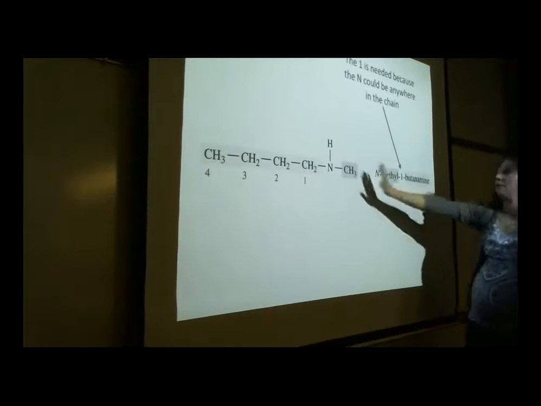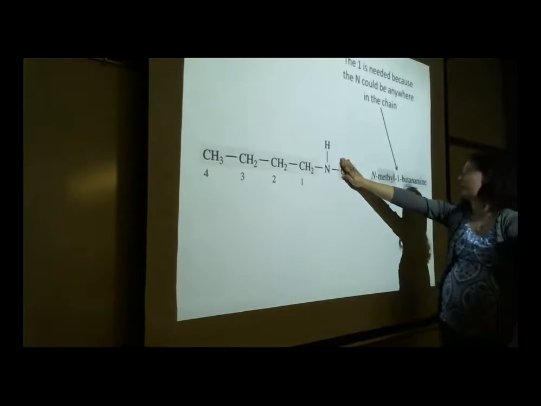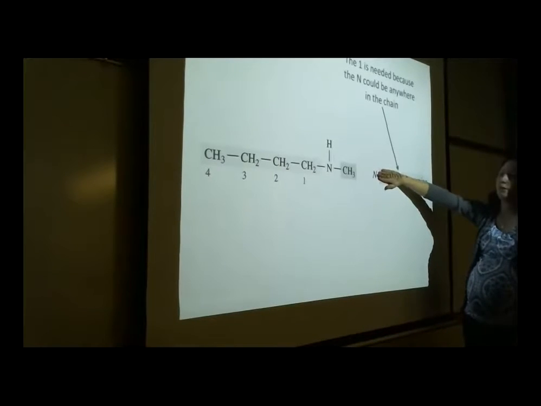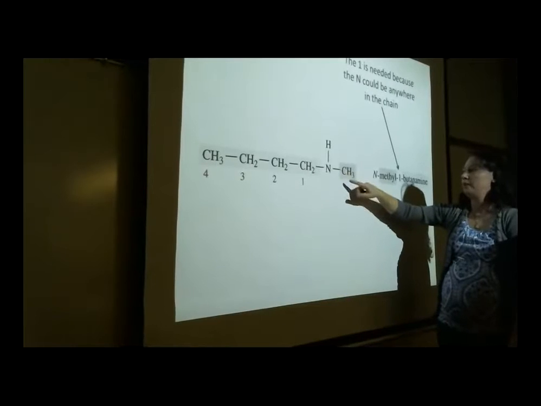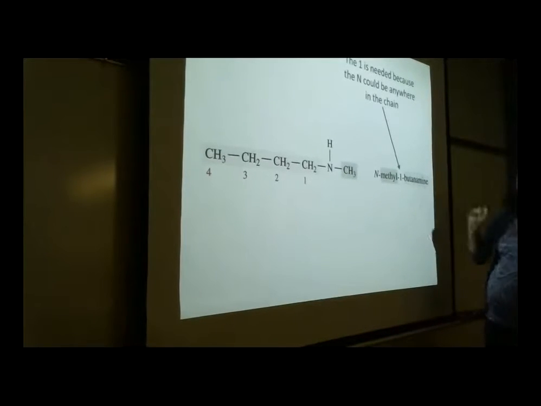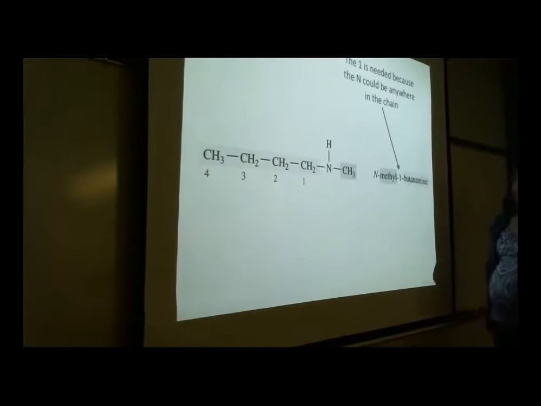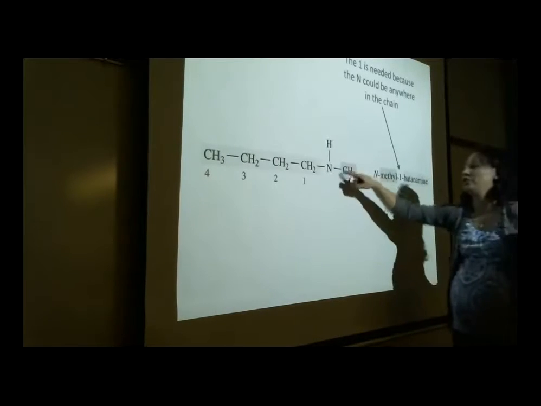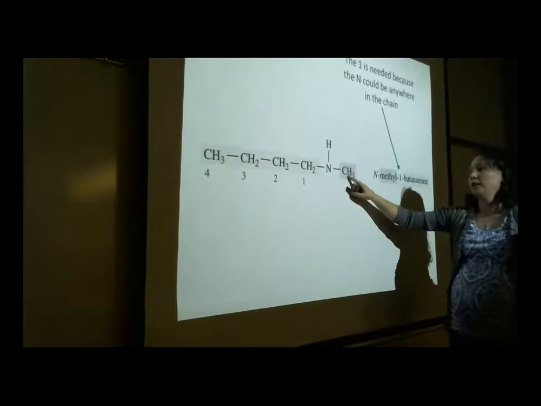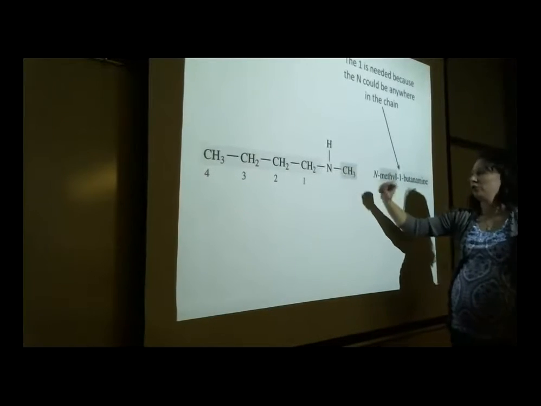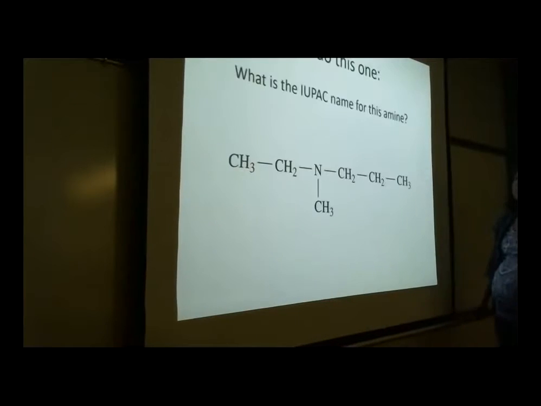Because again, if this were just a regular old hydrogen, we'd just call it 1-butanamine, right? But because that hydrogen's been replaced with a CH3, it needs to be called N-methyl 1-butanamine. Does that make sense? So you need to just figure out the longest chain. And then again, if it's just a regular old NH2, you would call it hexanamine or whatever, right? But if there's a substituent on your functional group, that's where this comes from.